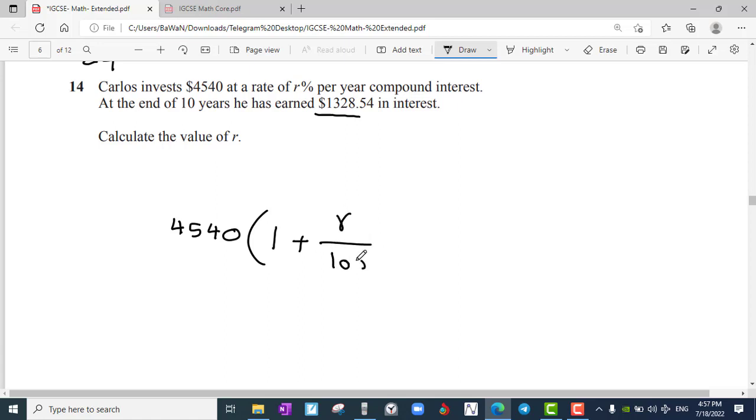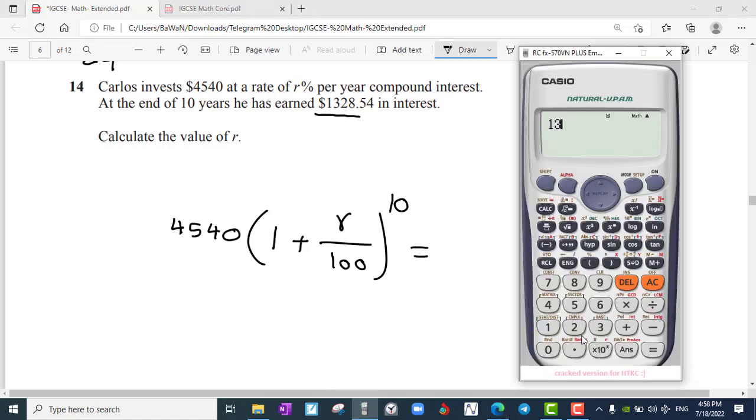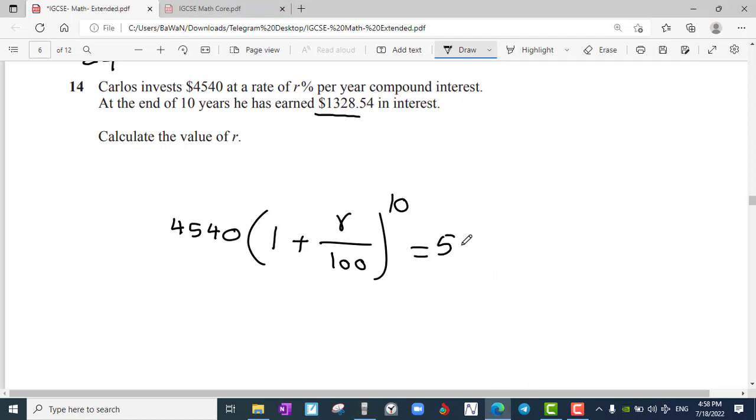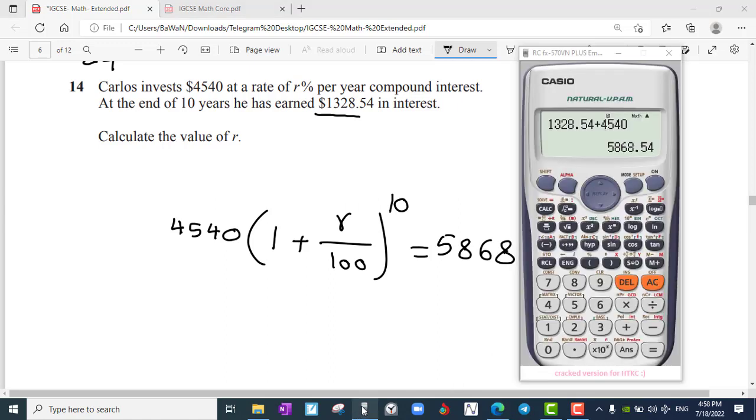R over 100, power number of years, which is 10, and we know the result, 1328.54 plus 4540, because the result of this rule is the total, the initial amount of money which is invested plus the amount of interest. That's 5868.54.